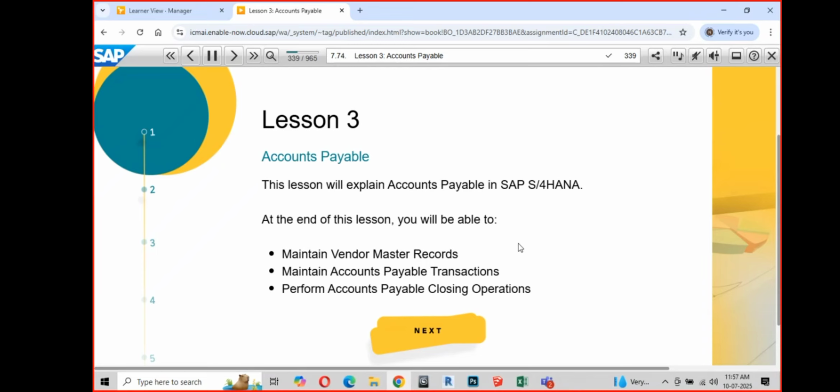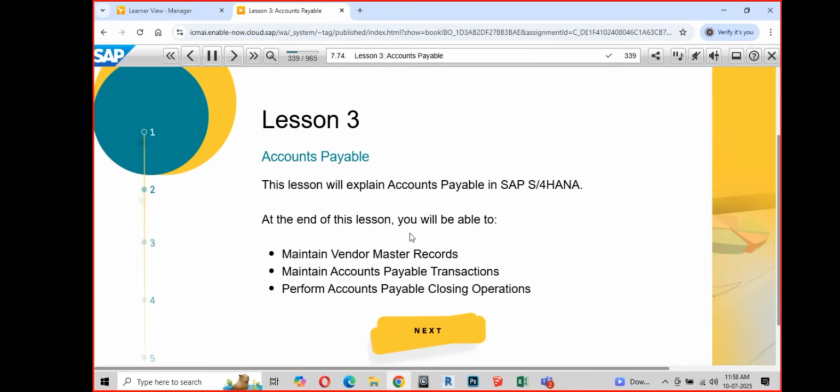Especially the payment process is called the automatic payment program in SAP. It's a wonderful thing offered by SAP, where you're automating the process of payments to hundreds and hundreds of vendors. Clear? Now, what does this particular submodule deal with?